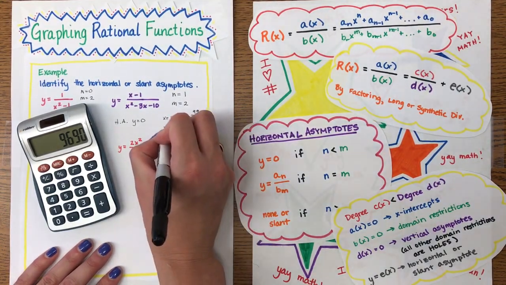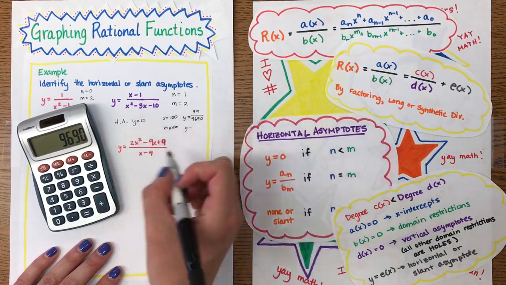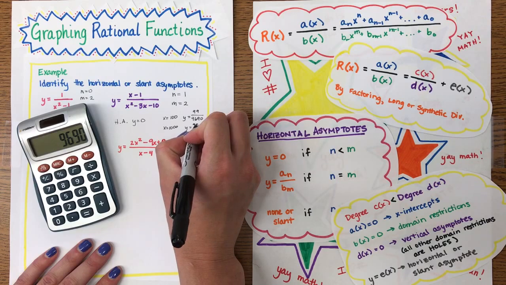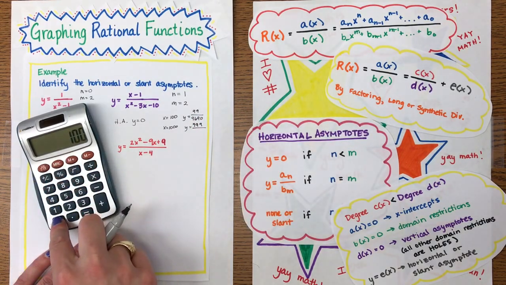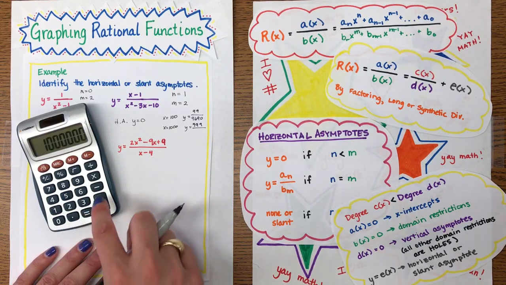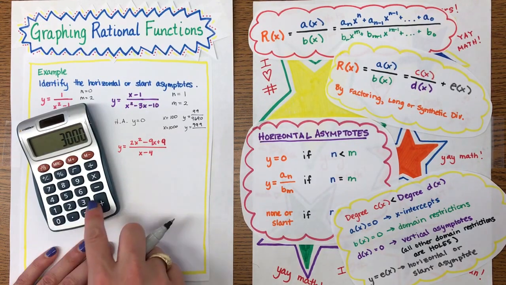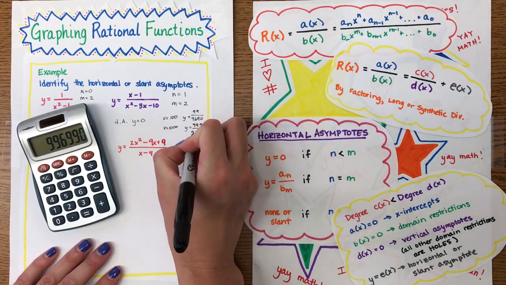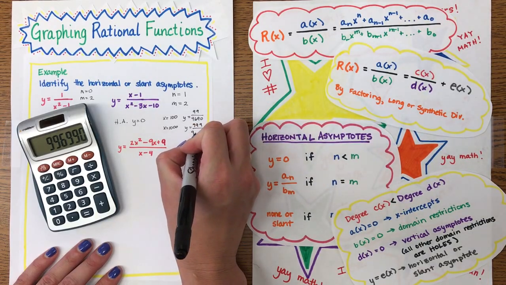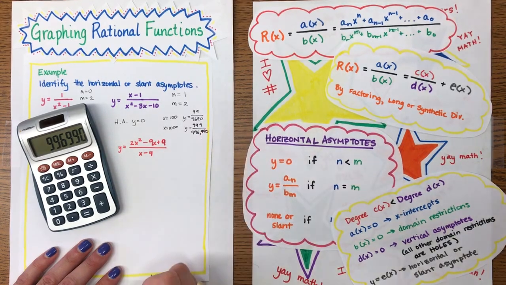If I go up to x equals 1,000, y is equal to 1,000 minus 1, which is 999, over 1,000 squared minus 3,000 minus 10, which is 996,990.